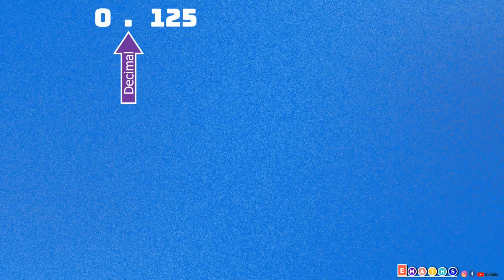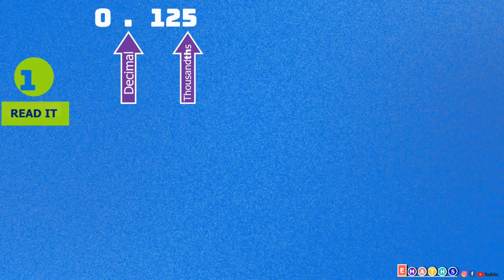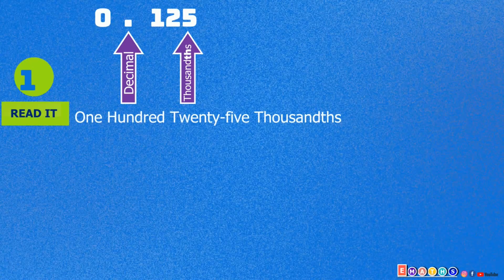We have a whole number 0 separated from the fractional part by a decimal point. Thousandths. Read it. 125 thousandths.